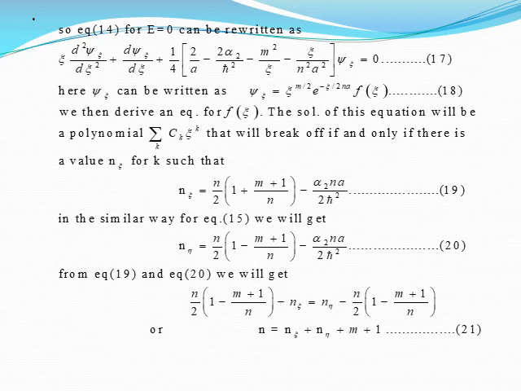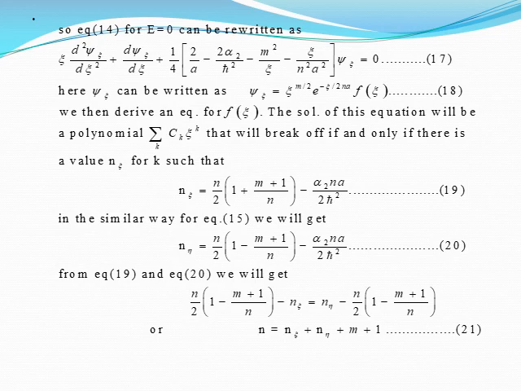Equation 17. Here psi can be written as psi equal to xi to the power m by 2 e to the power minus xi over 2na f function of xi. Equation 18. We then derive an equation for f function of xi.